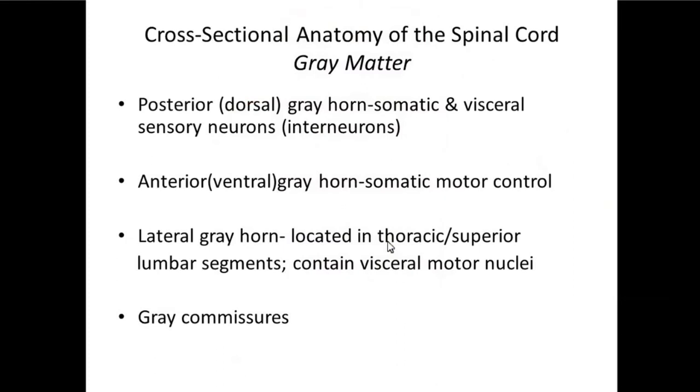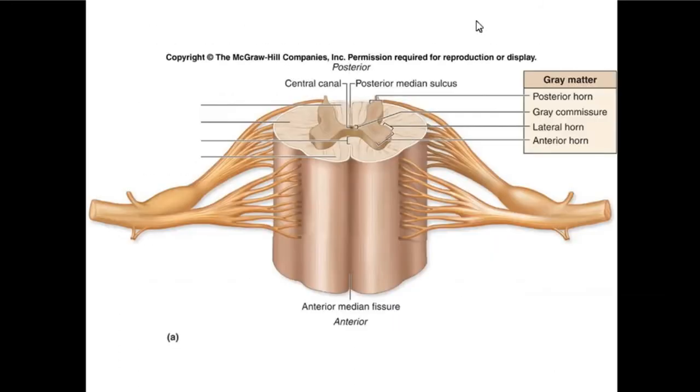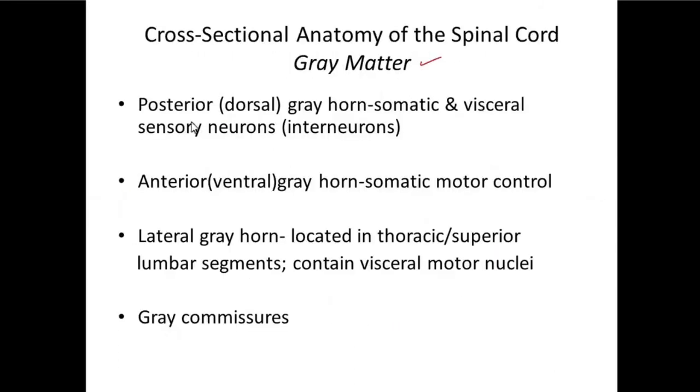Cross section of the spinal cord, you have gray matter and you have white matter. So the gray matter, you have dorsal posterior horn, you have anterior horn, lateral gray horn. Now the dorsal horn is the area that houses the somatic and visceral sensory neurons. You also have interneurons there.